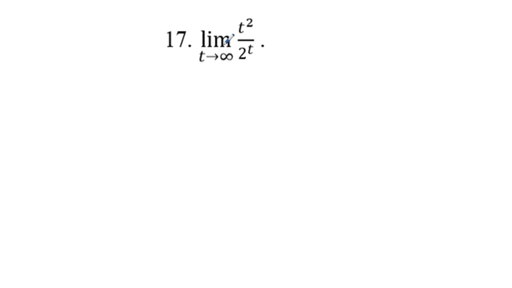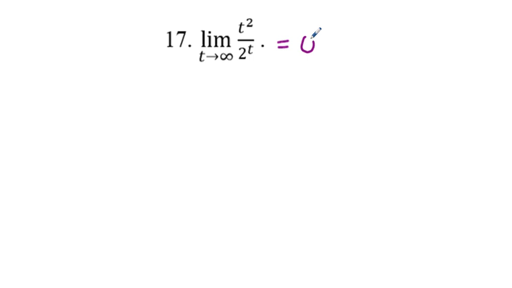Okay, problem 17. This is a situation where we have a limit as t approaches infinity of t squared over 2 to the power of t. What happens is a polynomial function, which is on the top, t squared, is smaller than an exponential function on the bottom. As we go toward infinity, the one on top is going to grow, but at a much slower rate than the one on the bottom.